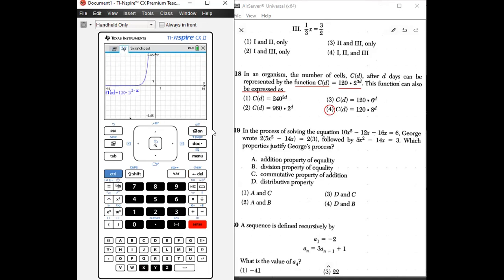Now what I would do is I would just enter these functions and then see which one actually matches this. So we already know the answer. So I'm going to go ahead and put that in. So I'm going to go tab, go to the next one, and I'm going to enter 120 times 8 to the x power.